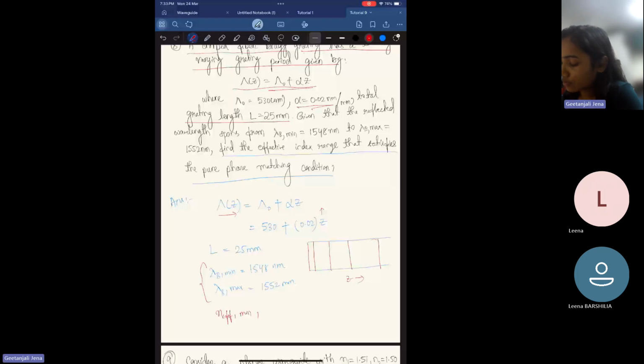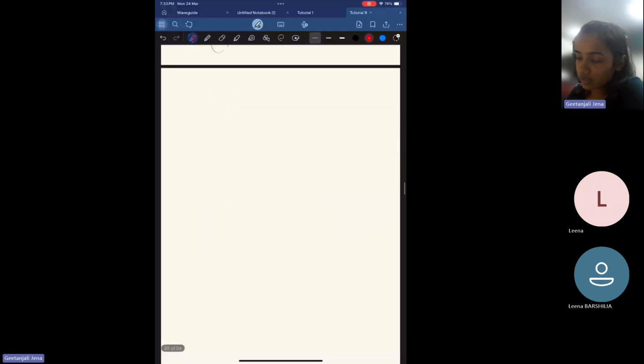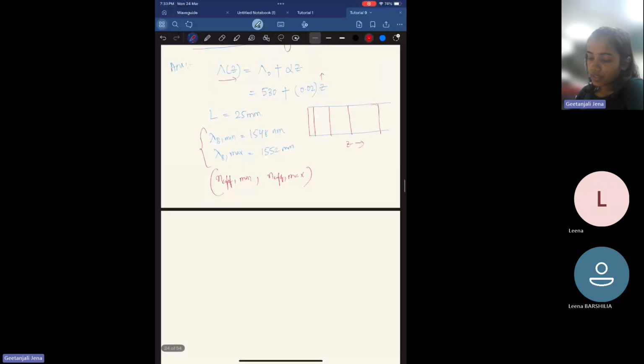So I think if you just use the formula, you can get it, because all of the things are given to us. So let me do this for you. At z equal to 0, the grating period is lambda 0, which is 530 nanometer.